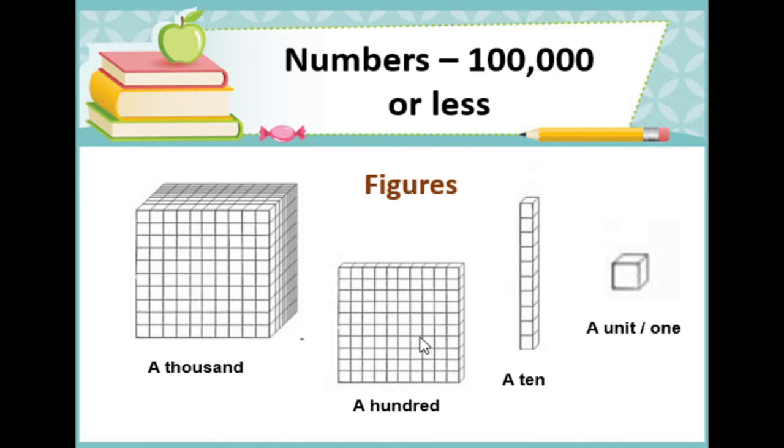This flat one represents 100. While this elongated 10 small squares represent 10. And this one small cube represents a unit or 1. Let's try to see how we use these figures to read, write, and say numbers 100,000 or less.